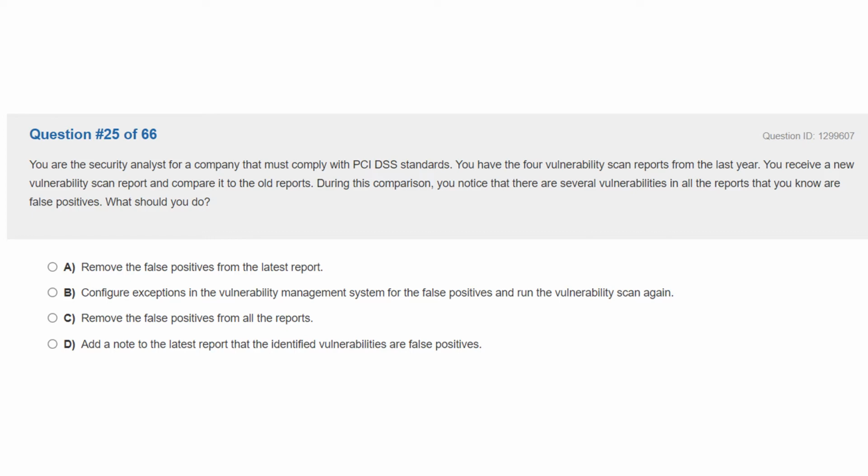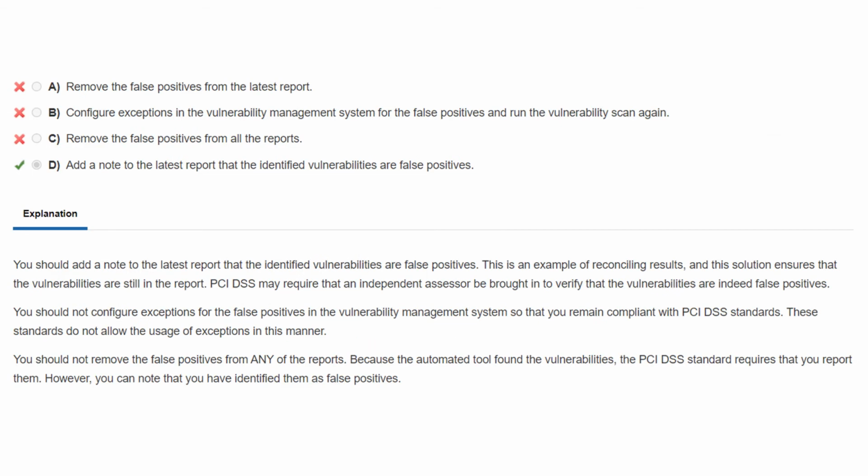What should you do? The correct answer here is D. Add a note to the latest report that the identified vulnerabilities are false positives.